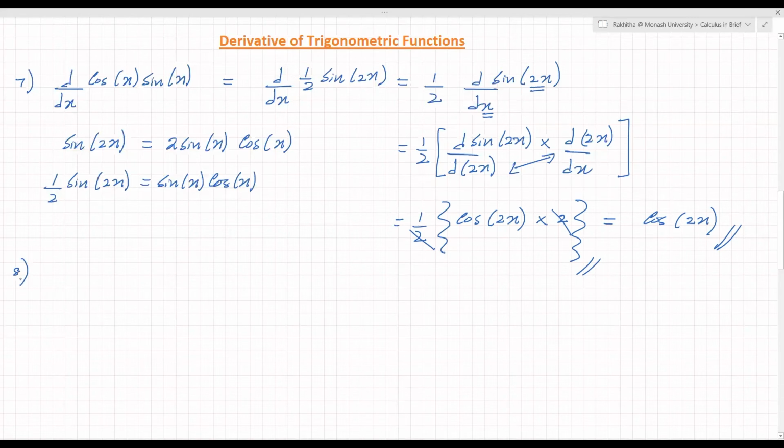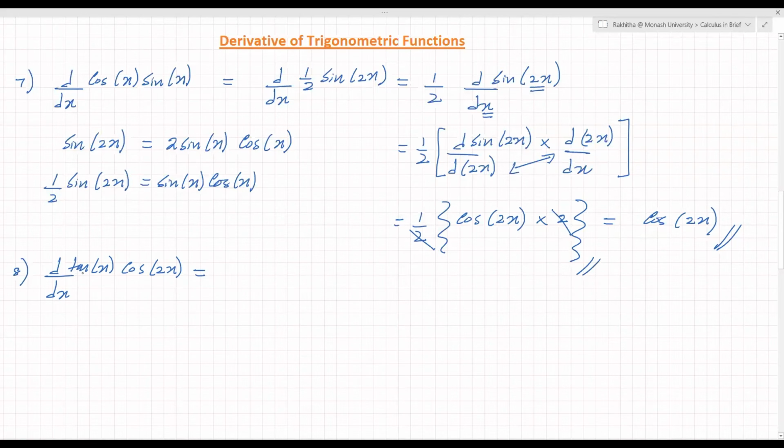Now let's talk about another question. If you have d/dx of tan x and cosine 2x, I will teach you how to simplify this kind of stuff.